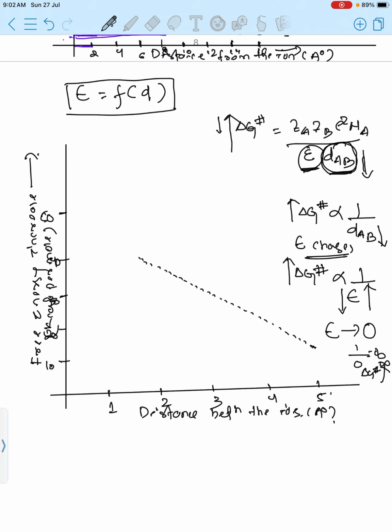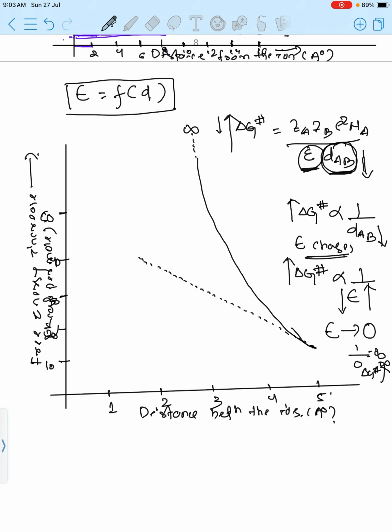That means we need to supply a very large amount of energy. Therefore it is very difficult to bring the ions closer to each other. Therefore actually the plot is looking like this. This is the actual plot, and here the free energy of the system actually increases to an infinite value.